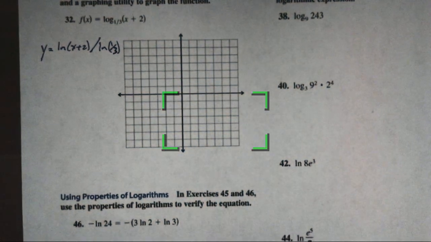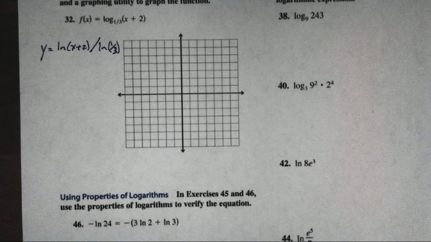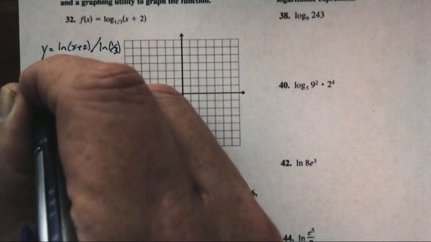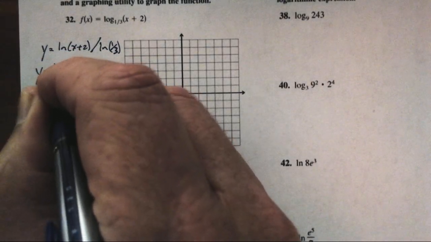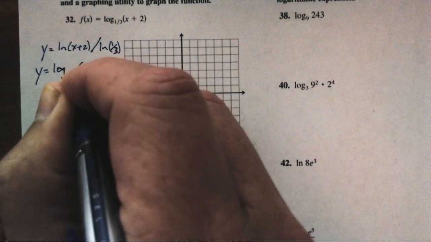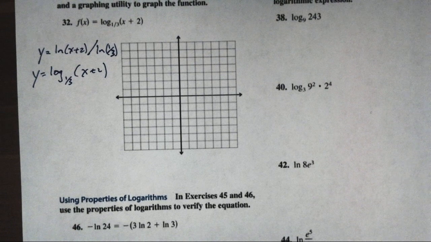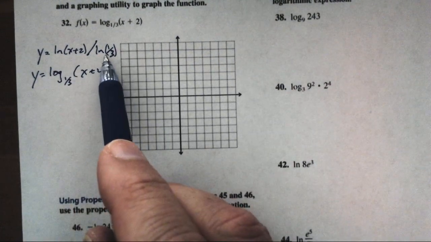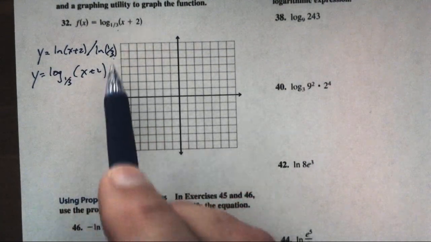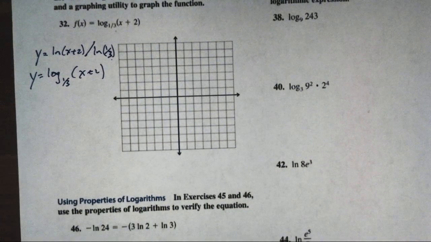So we could also graph this thing as, I'm going to go back and forth a little bit here, we could also just graph this as it appears, log base 1/3 of x plus 2. And I'm going to do it that way. But the ln of x plus 2 over ln of 1/3 change of base formula will give us the exact same graph.